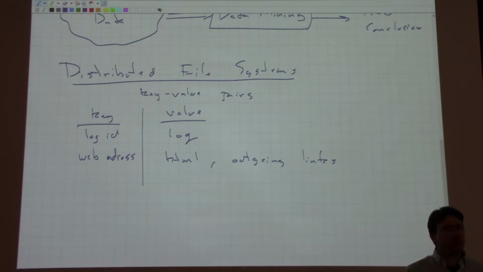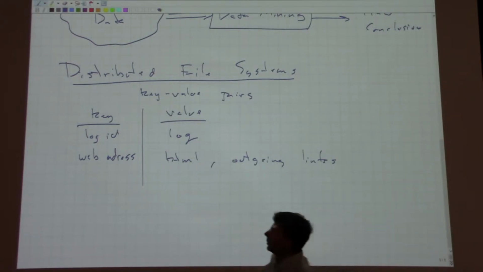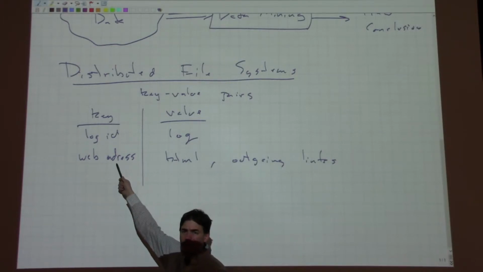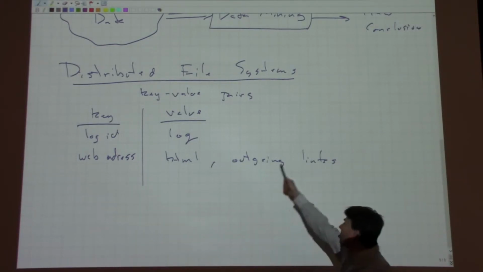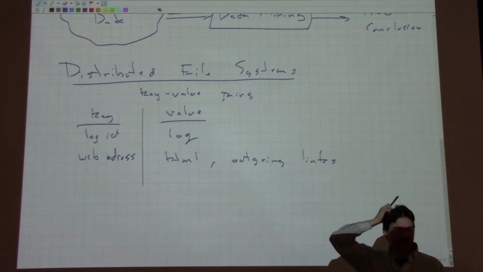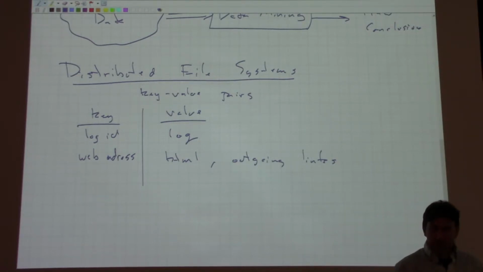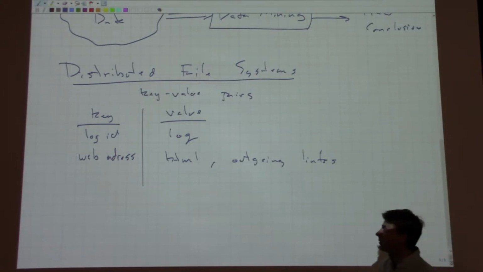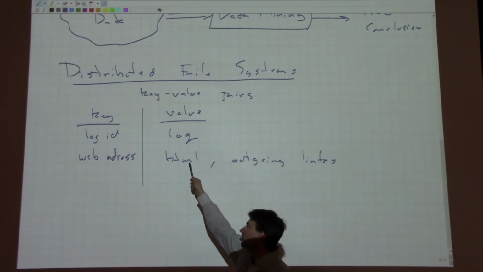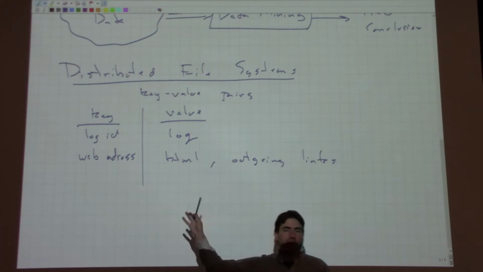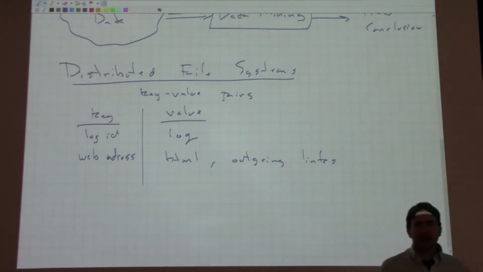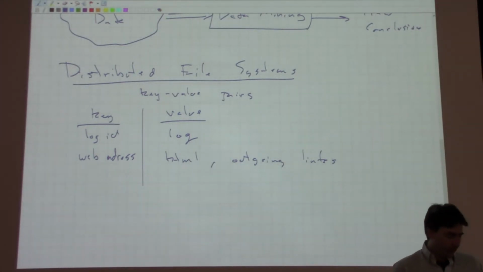So if you just care about doing PageRank, then for every web page, which has a unique ID, its key is the web address, then you have the outgoing links to other web pages. That would be what's in the value. Or if you wanted to process it for building an inverted index, then the HTML would somehow be made into text that contains all the information you would need.